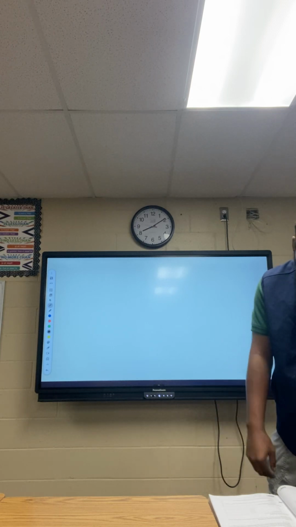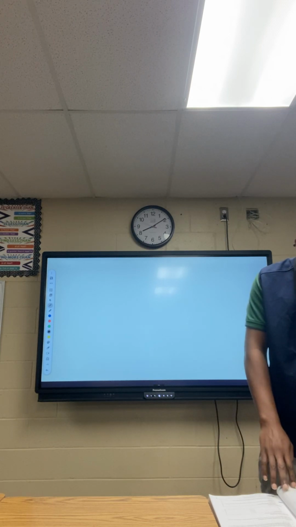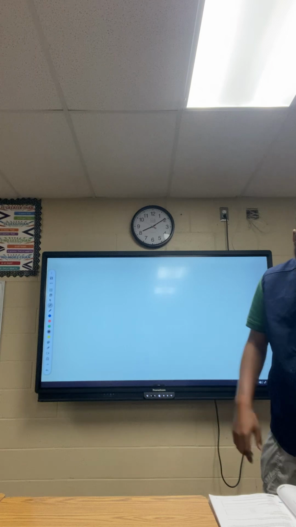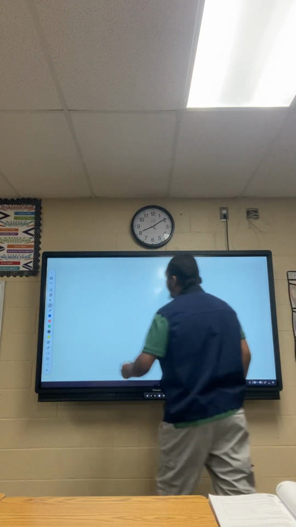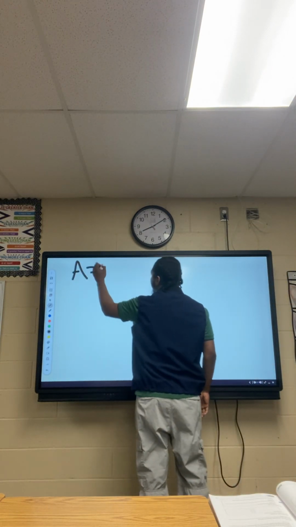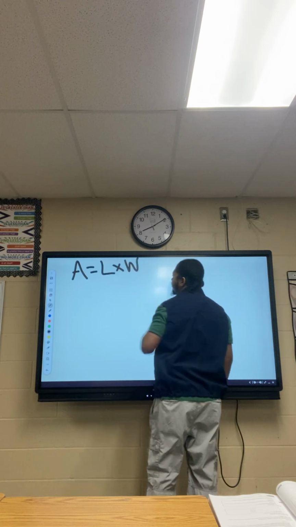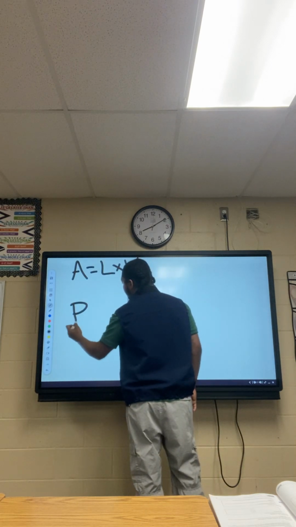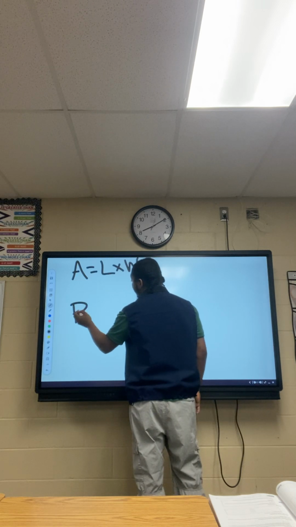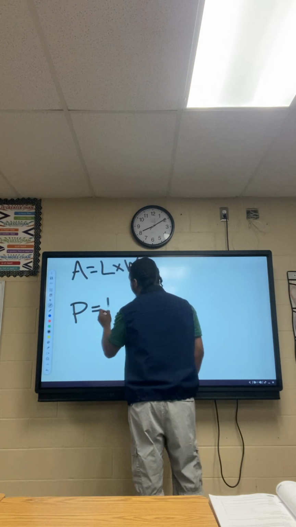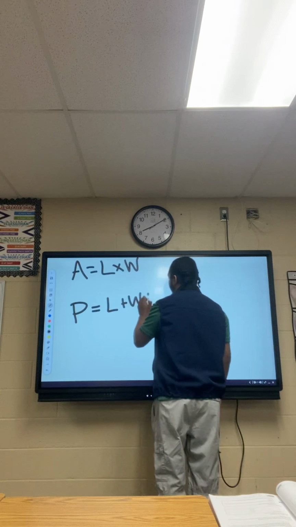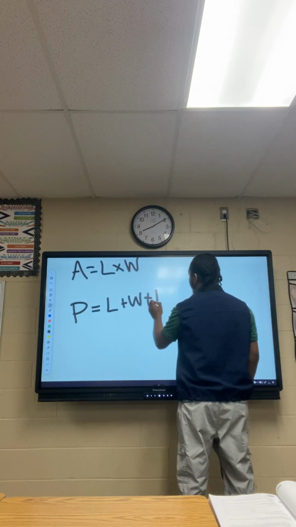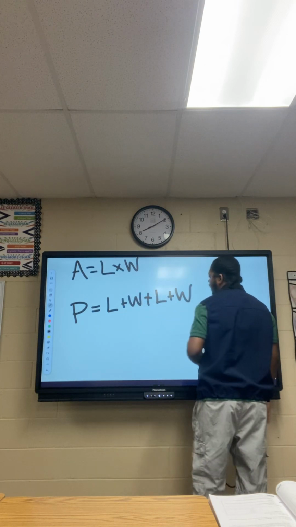Now, the perimeter, a quick lesson on perimeter. Perimeter is the outside, area is the inside, okay? So we know area is length times width. Perimeter is a lot easier, it just looks a little bit more drawn out. Perimeter, okay, P stands for perimeter, is gonna be length plus width plus length plus width, okay?